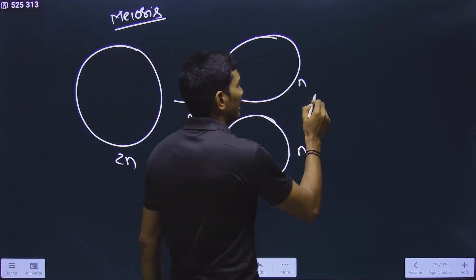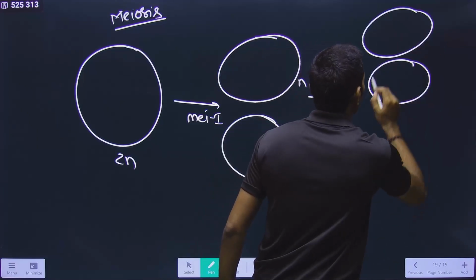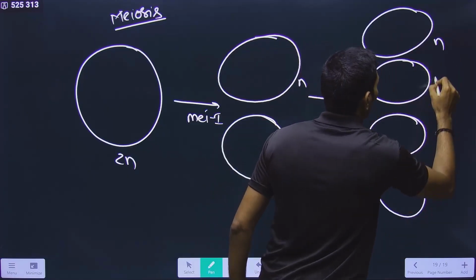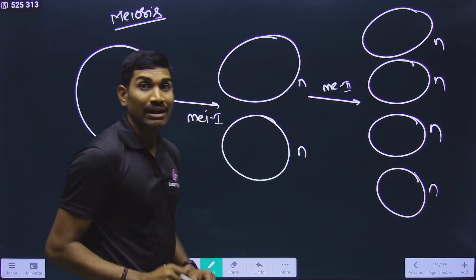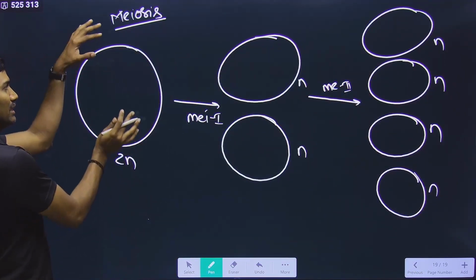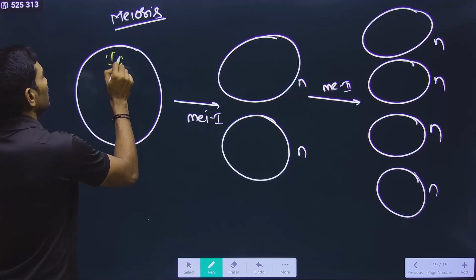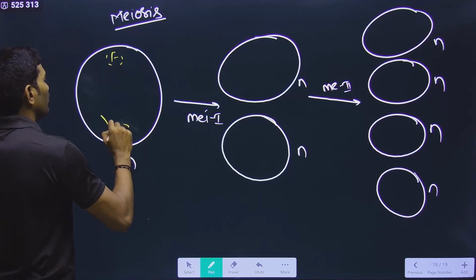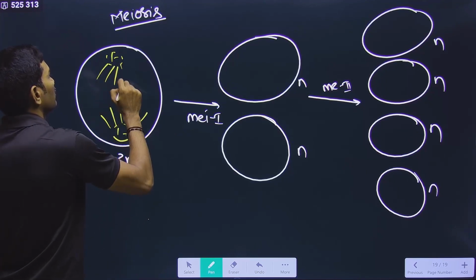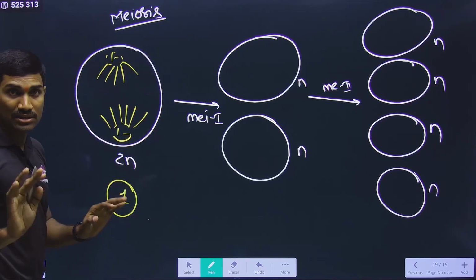And again they are undergoing meiosis 2, so that 4 haploid cells are produced. Where will the apparatus be formed here? During meiosis 1, in this parent cell, the spindle apparatus will be formed. This is the spindle pole with spindle fibers, completely called one spindle apparatus.